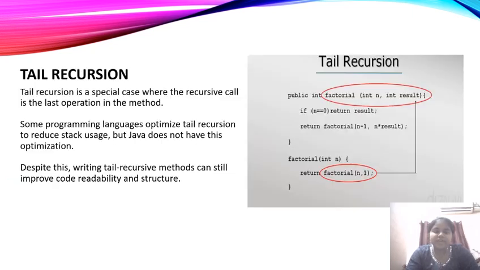Tail recursion is a special case where the recursive call is the last operation in the method. So in this recursive method, the tail call is the last operation.